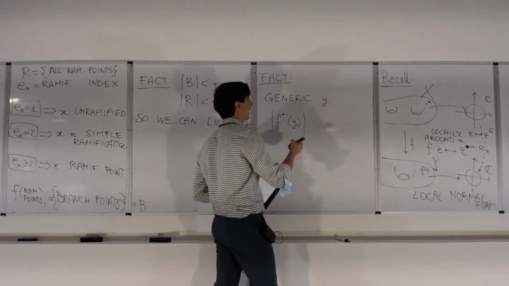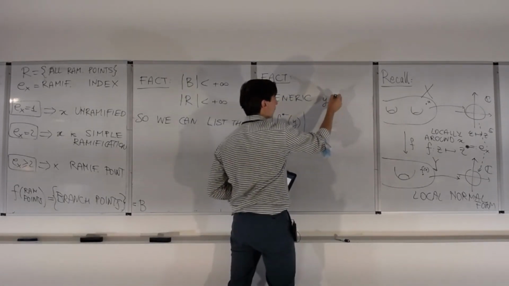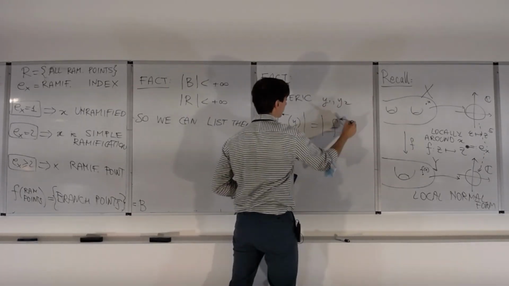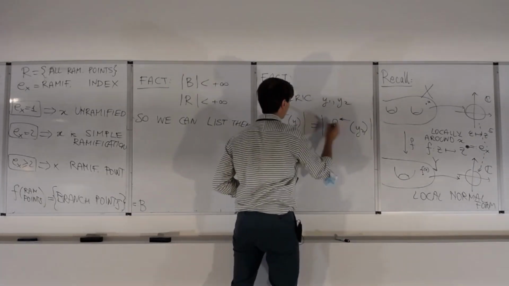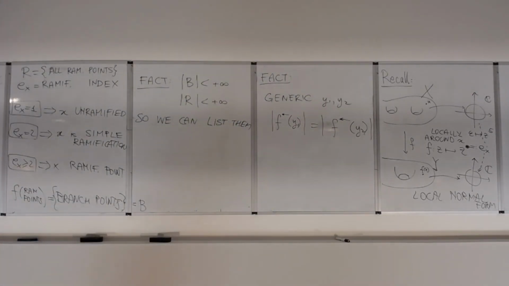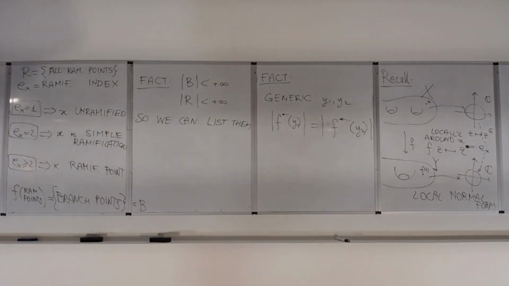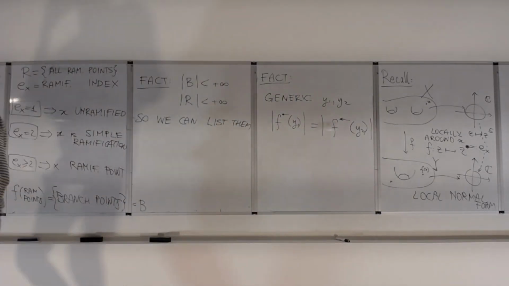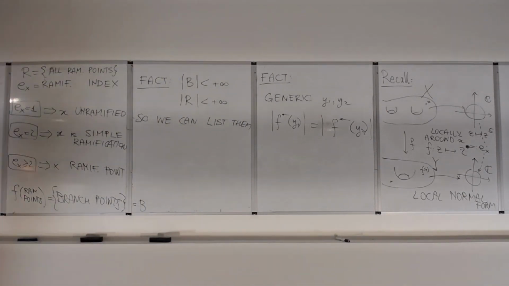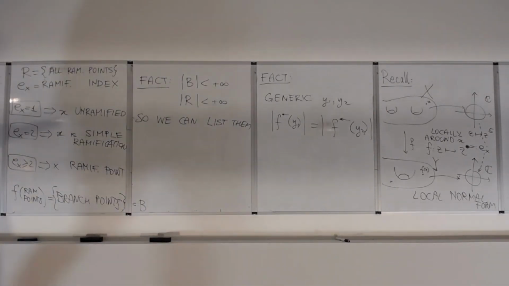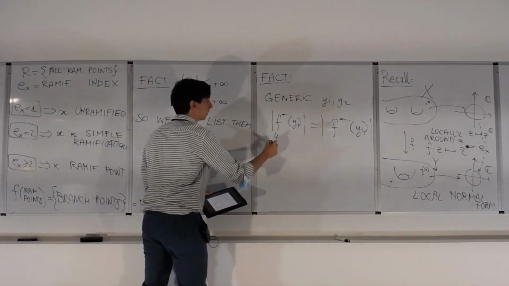If you take generic Y1 and Y2, then the cardinality of the fibers is the same. I'm just saying something very easy. Take a point downstairs, look at the fiber. The cardinality is the same, except for very few points, which are finitely many. We call this the degree of F.